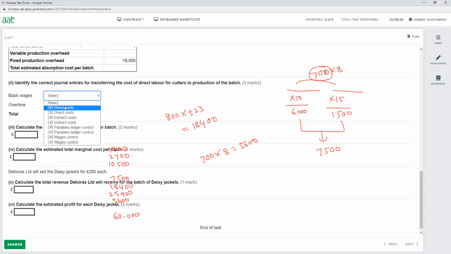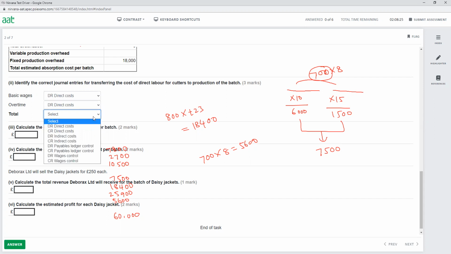Basic wages is a direct cost, it will be debit. Overtime will also be direct cost because the question said overtime is a part of direct cost, so it is also debit. And remember that all the wages always transfer to the wages control account. So if something is debit, wages control account needs to be credit. Every single wage we have at the end will go to wages control. So wages control will be credit.